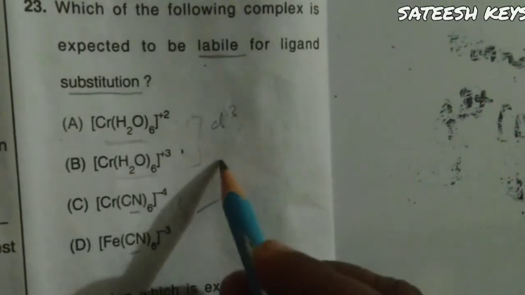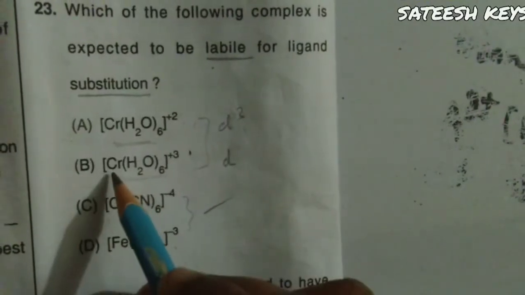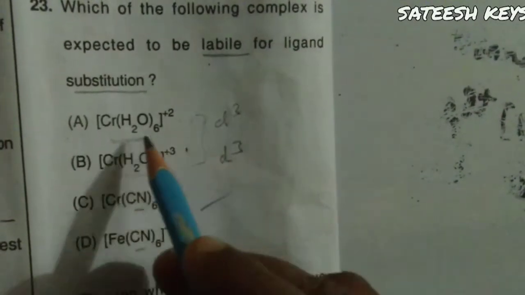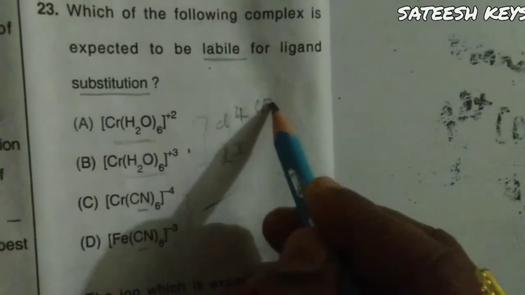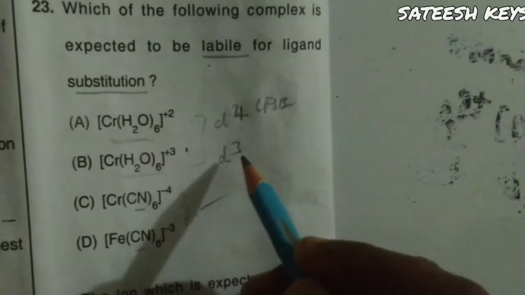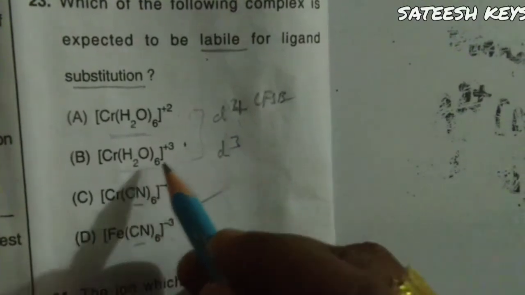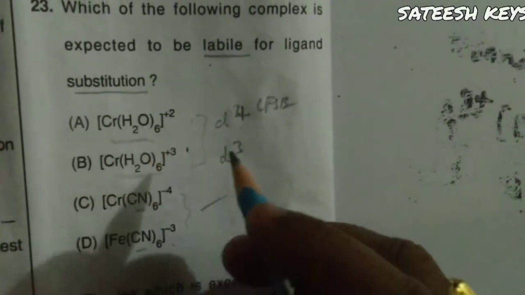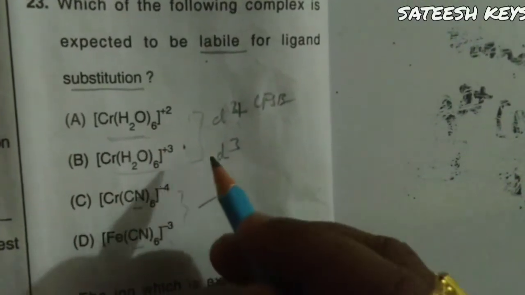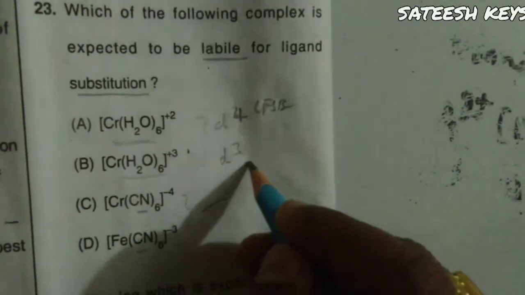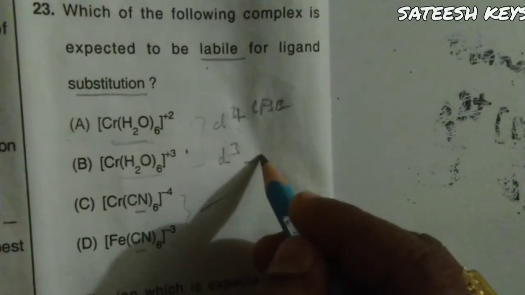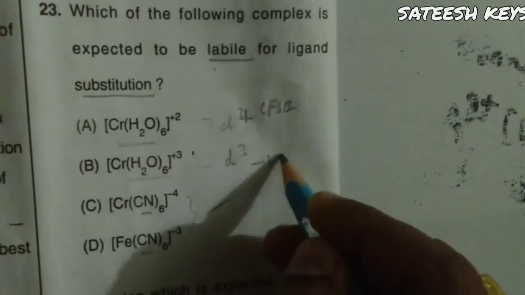In one case the configuration is d3, in the other d4, chromium 6 d3 in this case and d4 in that case. See the CFSE values. H2O is a weak field ligand, so for d3 it is minus 3 into 0.4, that is 1.2 delta naught.